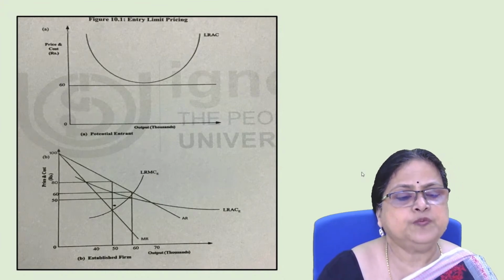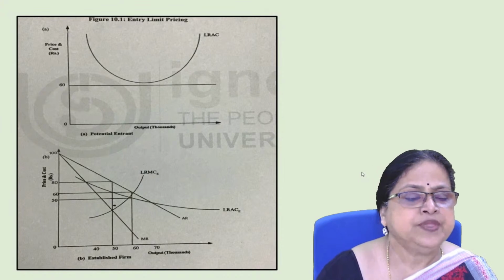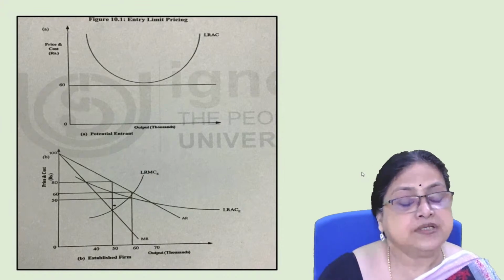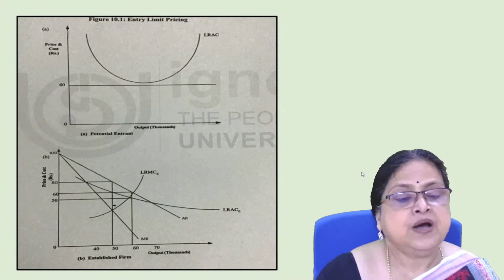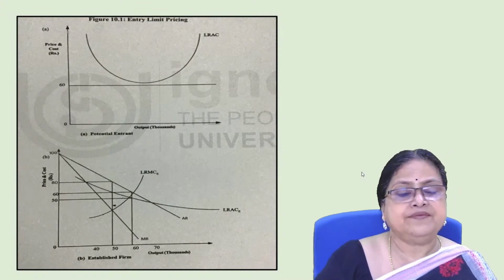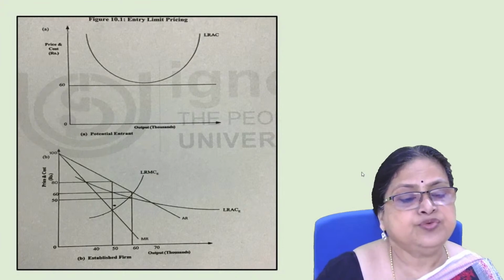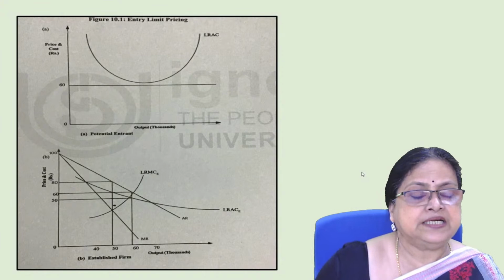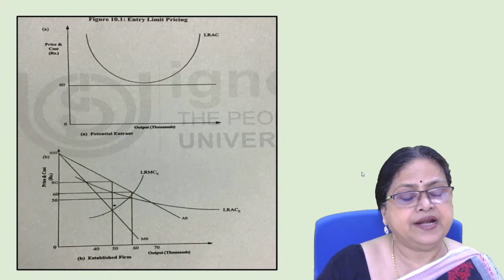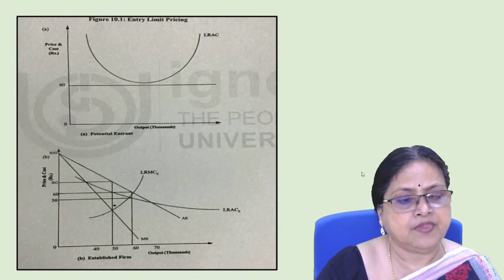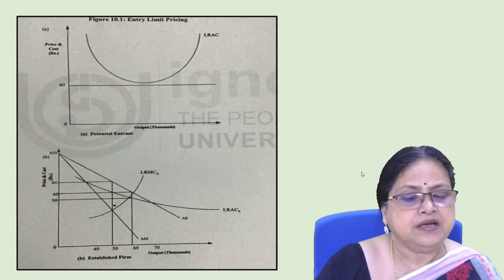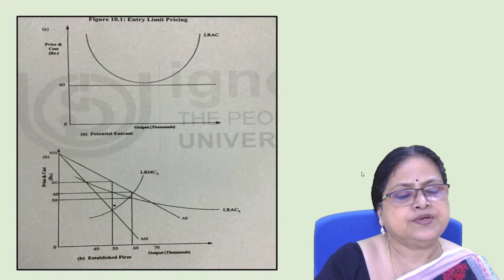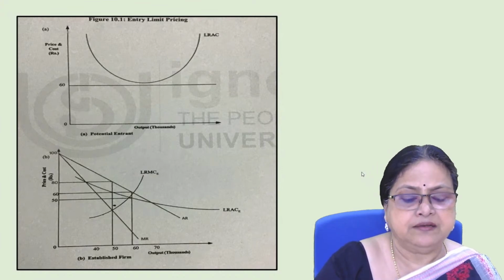At 50,000 output, the producer can sell at a price of 100. Now again look at this long run average cost curve going through MR. The earlier profit was 100 into 50, and the next was 80 into 50, minus the cost.